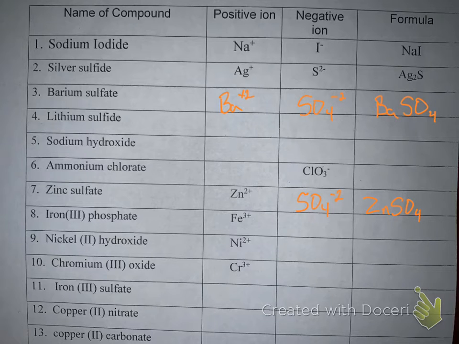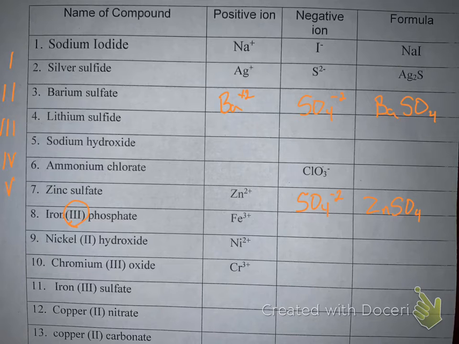Now, let's take a look at iron 3 phosphate. Now, iron is Fe, but iron is one of those that can be more than one charge. So I don't know the charge of it. But if you'll notice in the name, see this little parentheses right here with the Roman numeral? That tells me the charge of it. This tells me this is iron 3.